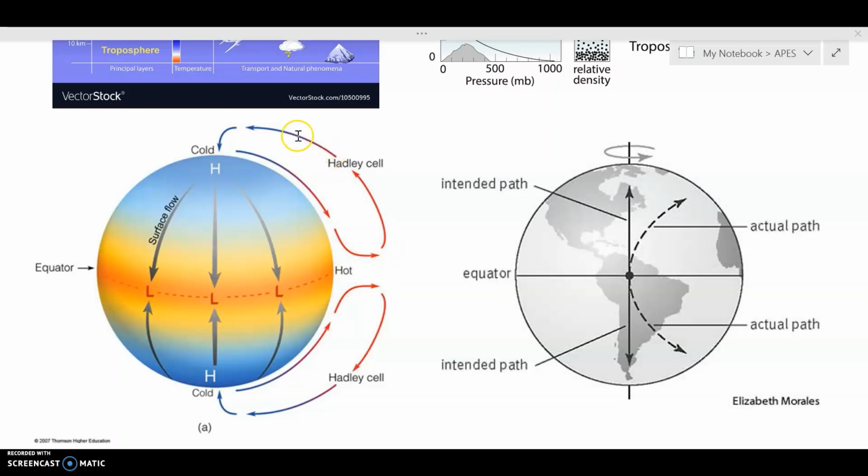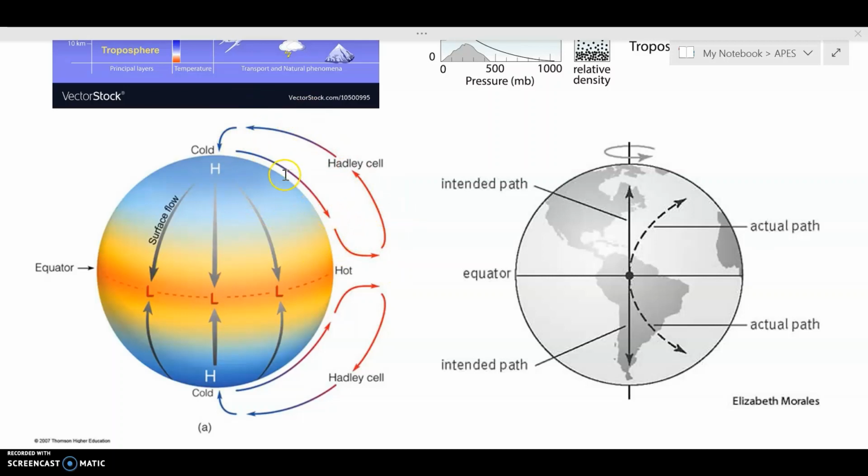So as cool air comes towards the equator, it's going to start warming up. As air warms up, it becomes less dense, and because it is less dense, it's going to rise. As it becomes warmer and warmer, it gets to a point where it starts to rise, right at the equator.